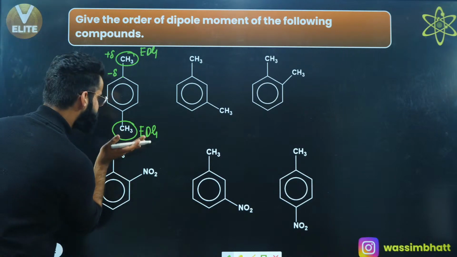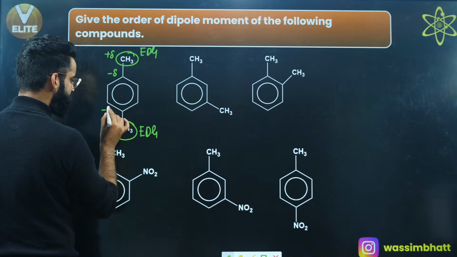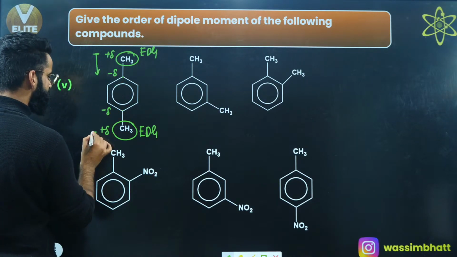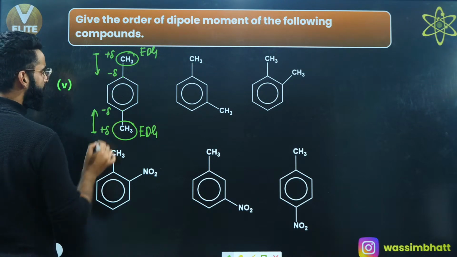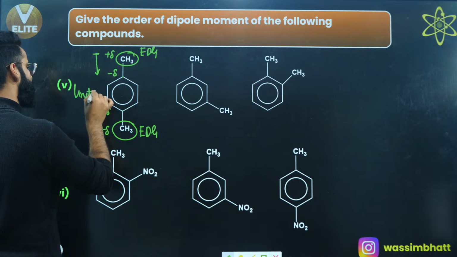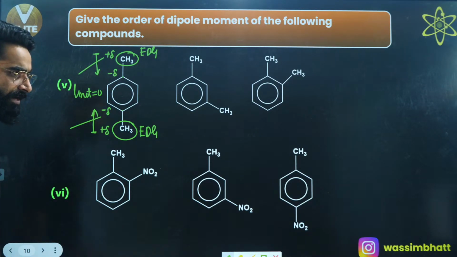Similarly, this CH3 is pushing electron density towards that carbon, so itself it gets delta positive and this carbon gets delta negative. So two dipole moments I got, positive to negative. Both are equal and opposite. So what is going to be the net dipole moment over here? I'll say the net dipole moment is going to be 0, because both cancel out the effect of each other, right?